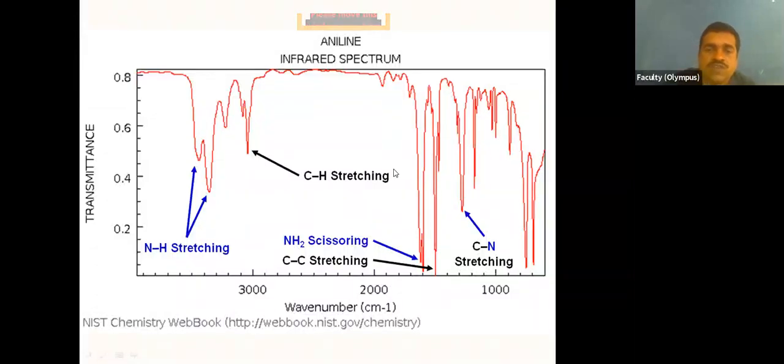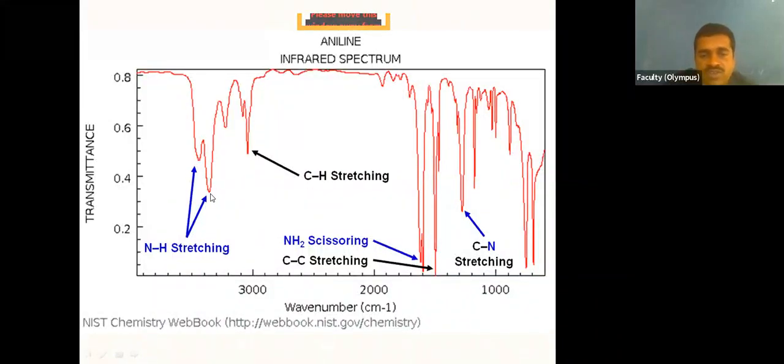So this is the infrared spectrum, and these bands represent that at this wave number, say 3050 per centimeter, some part is absorbed, absorbance is more, and transmittance is less. Suppose this is at say 3200 per centimeter.